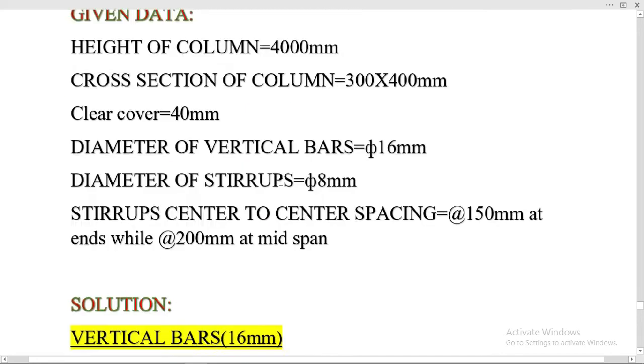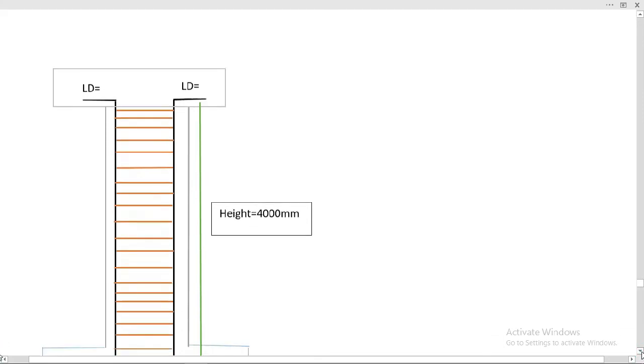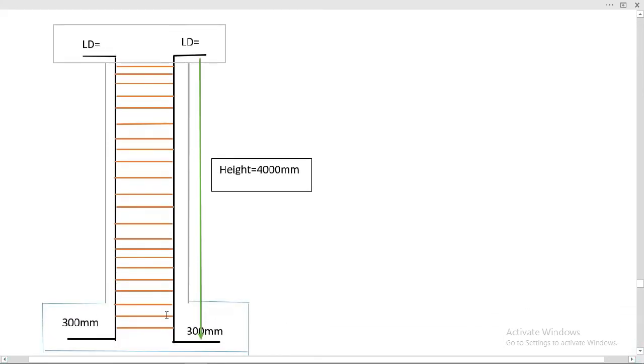Here I want to show you in the elevation that this is the column, this is one end, and this is the other end, and from here to here is the mid span of the column.